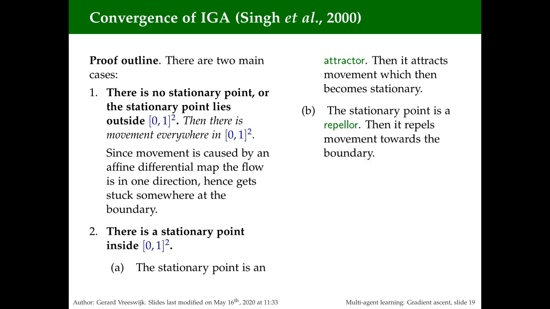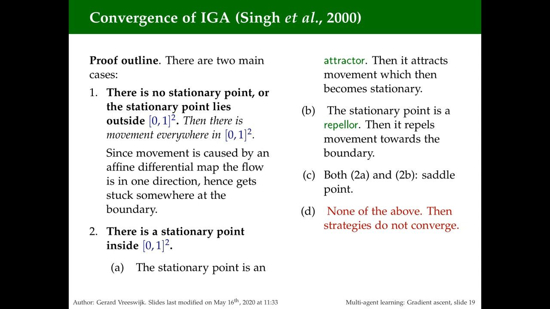But the other case, a repeller, also does not happen exclusively. So you won't have an exclusive attractor and you won't have an exclusive repeller, but you can often have the combination of the two. For example, Battle of the Sexes and Chicken Game, you have both, and then you will have a saddle point.